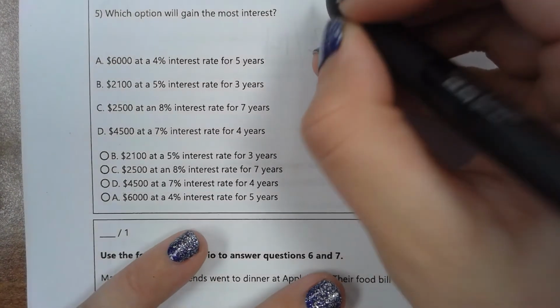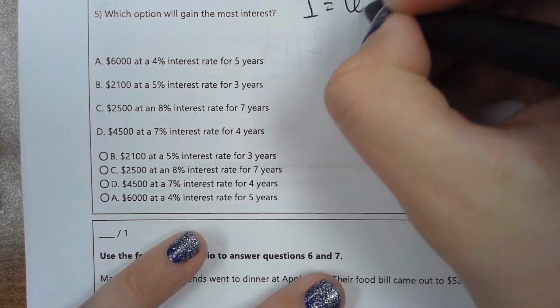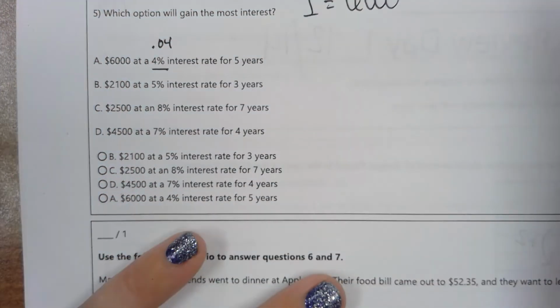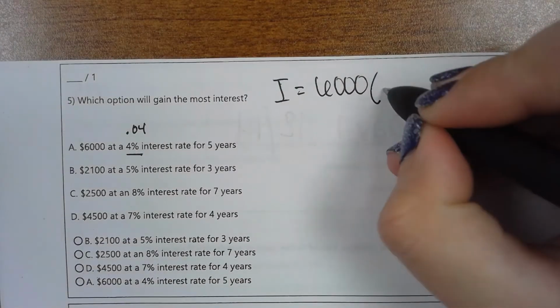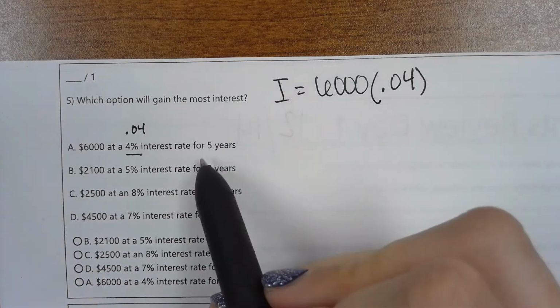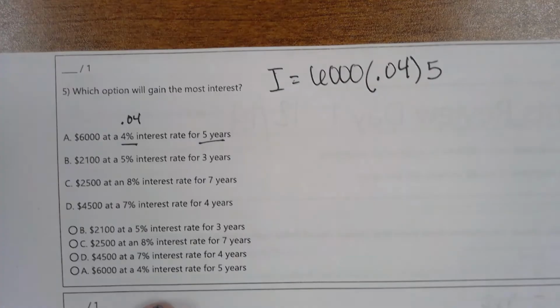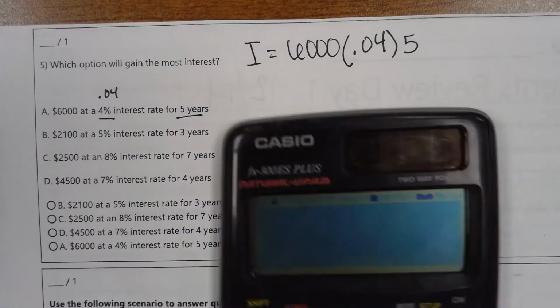So first, we are borrowing $6,000 at 4% interest rate. So 4% as a decimal is 0.04. And then the time would be 5 years. So once again, all that we need to do is multiply all of those numbers together.